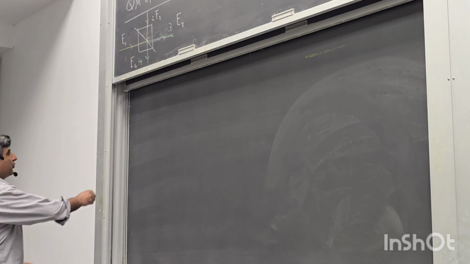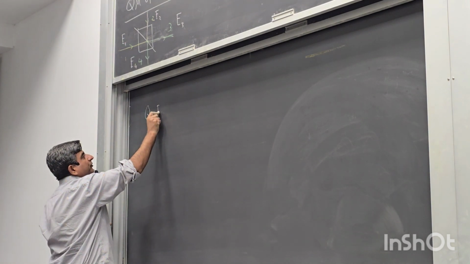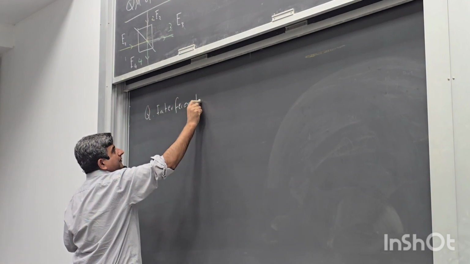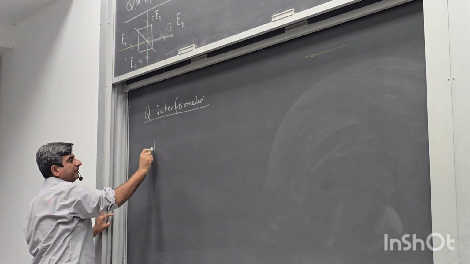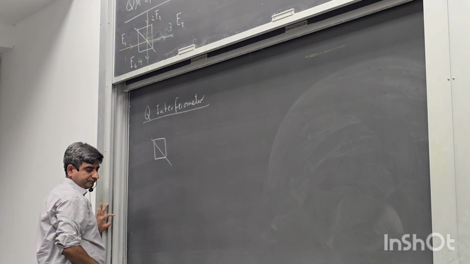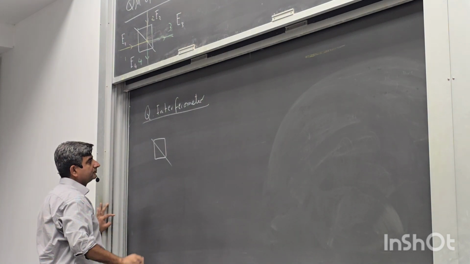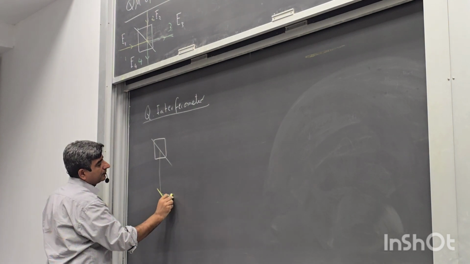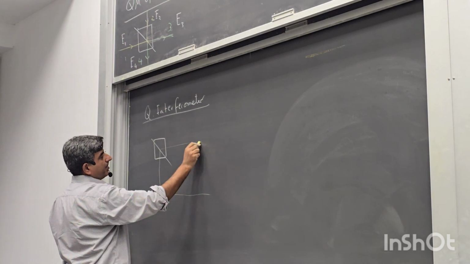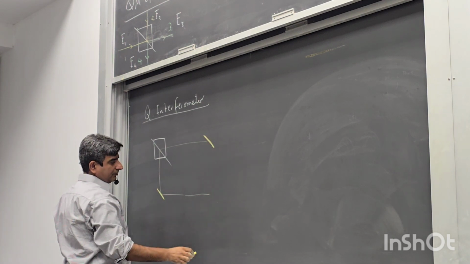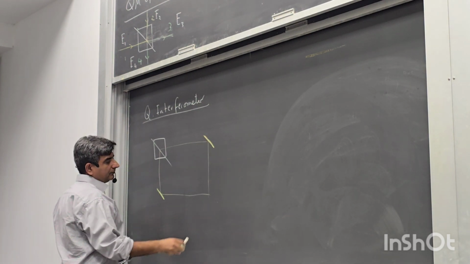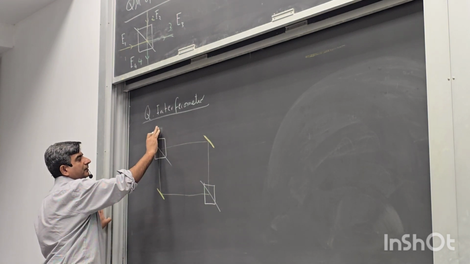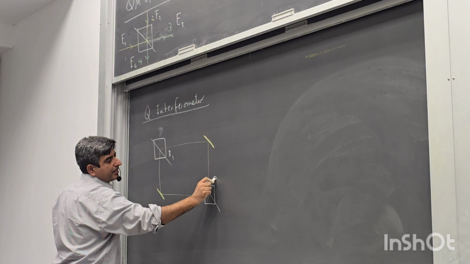So to give an example of a quantum interferometer in photonic quantum optics, let me have a beamsplitter here. Two beamsplitters, B1 and B2, right?